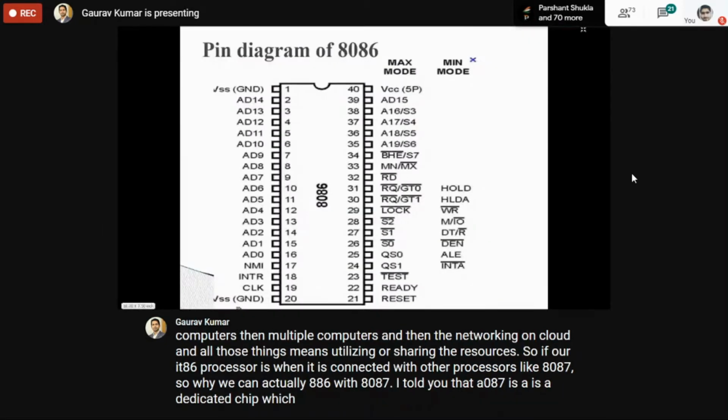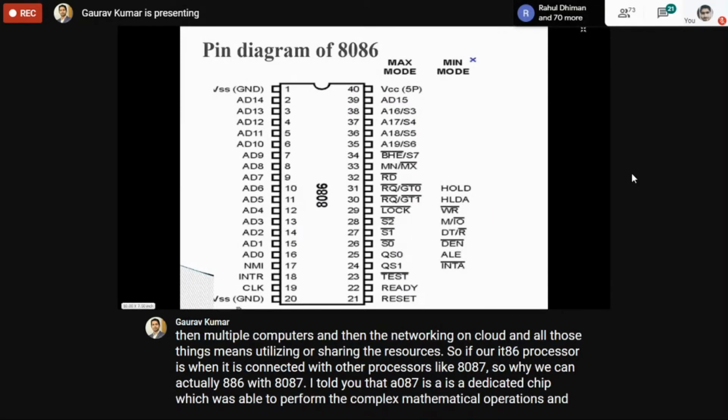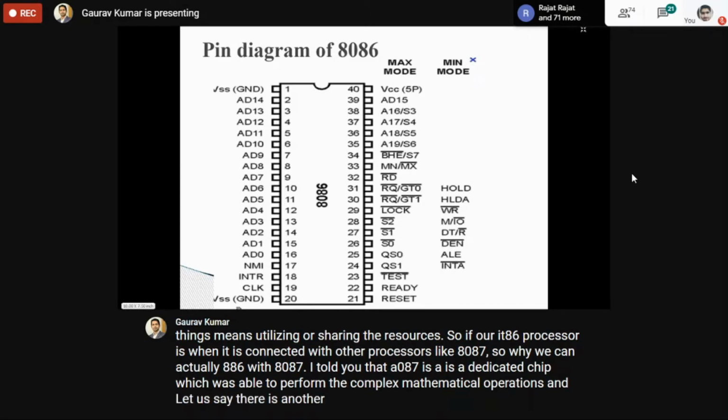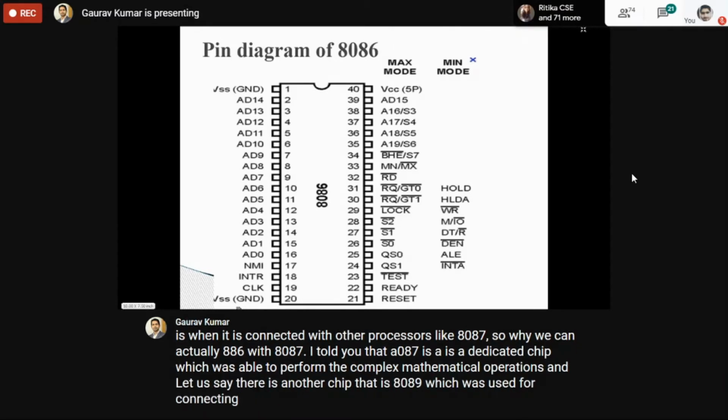So we connected all these three ICs to enhance the system performance. But the only disadvantage was you need a very complex circuit diagram, and you need to be very precise.